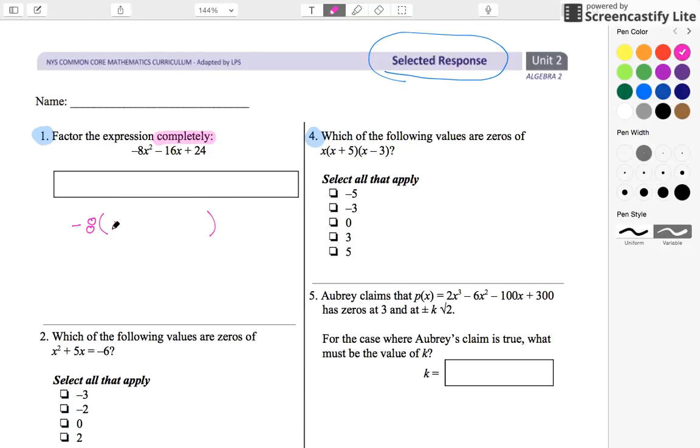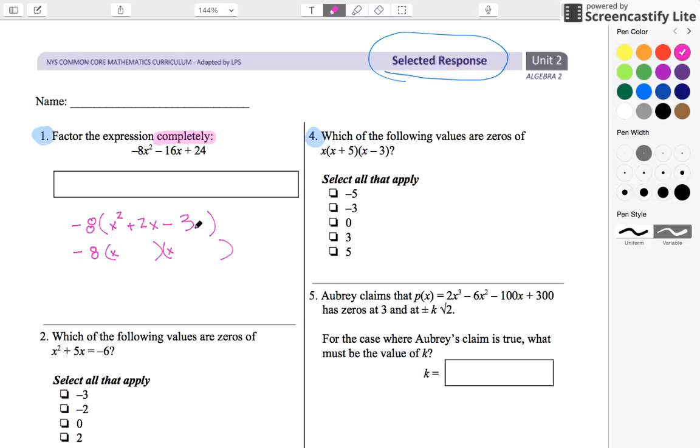Then all you're left with inside is x squared plus 2x minus 3. Now, if you left it like this, it would be incorrect because this trinomial can be factored even further. So here you have to think about what two numbers multiply to give you x squared, and you know x times x.